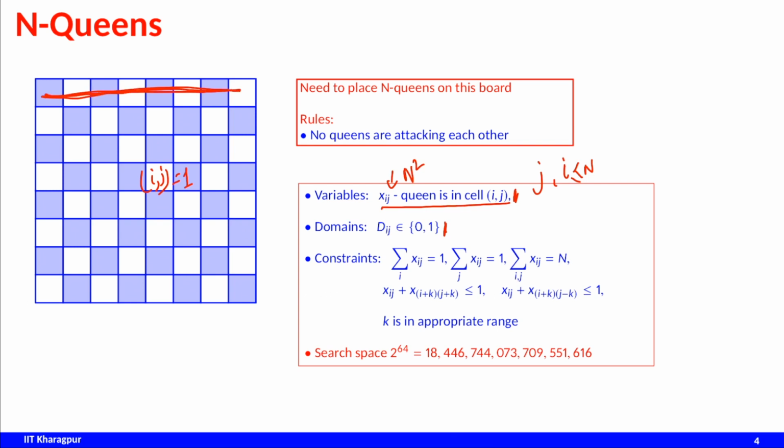So what we can do, we can say that if I sum this value, or if I sum xij, then it will yield 1 when I vary this i.